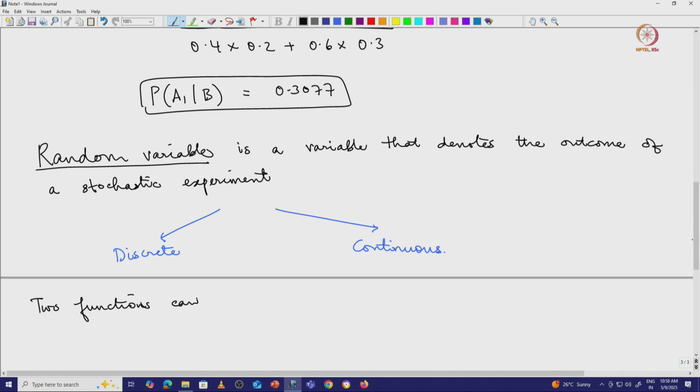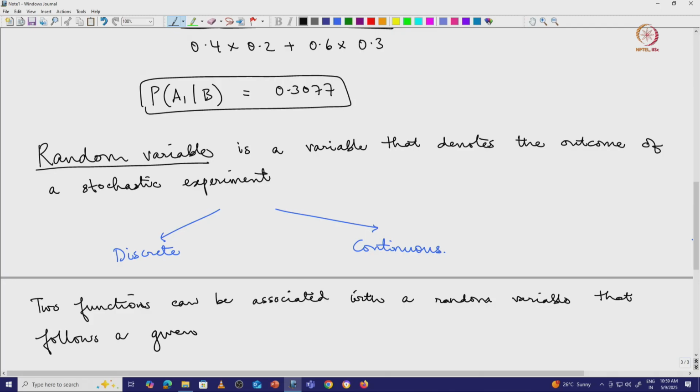So, now two functions can be associated with a random variable that follows a given probability distribution. Okay.